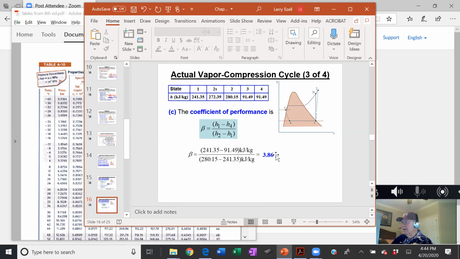So there's actually a conversion factor. What you want to end up with in the SEER is BTUs per hour of cooling in the numerator, and watts in the denominator. So that's how many BTUs per hour of cooling you get for each watt.